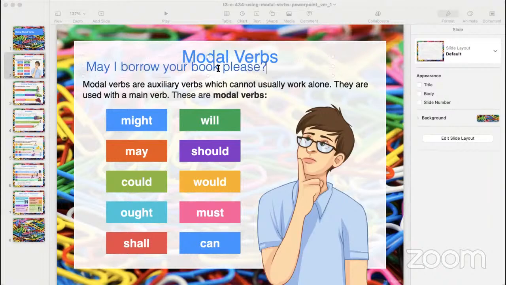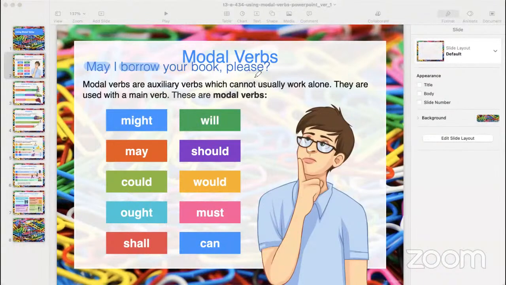You're asking someone if you can borrow their book. You're using the word may, which is a helping verb, and borrow is the main verb, because you're asking them if you can borrow their book. So how you would say it is, may I borrow your book, please?